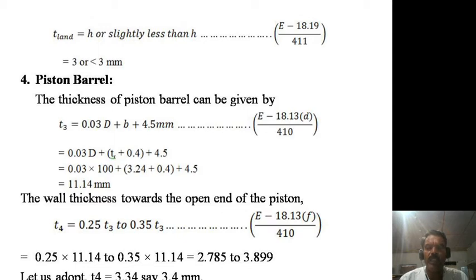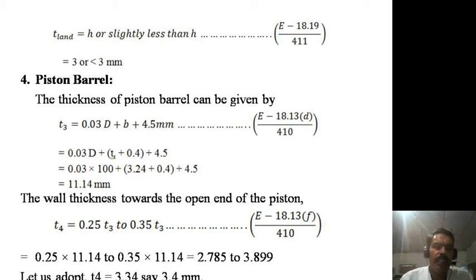This equation is readily available in the Design Data Handbook, page number 410. After substituting all values, 0.03 into D plus b, meaning TR plus 0.4 mm, because of the b value, plus 4.5 mm. By simplifying it, you will get T3 is equal to 11.14 mm.